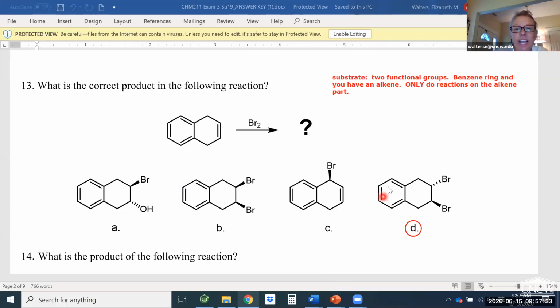The next thing I would do is look at the alkene carbons and highlight the ones that are involved.